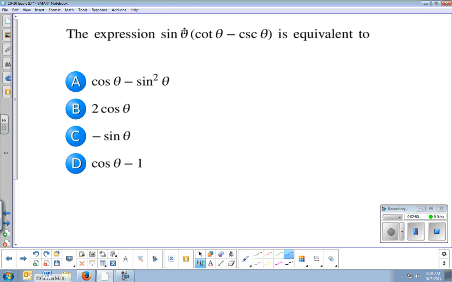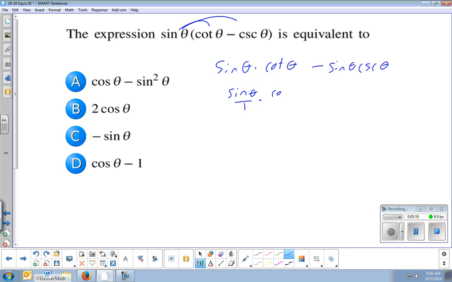Okay, I could distribute here. I can distribute now or simplify first, and I think distributing now is probably a little easier. So this is going to become sine theta times cotangent theta minus sine theta cosecant theta. I'll keep sine as sine theta over 1.